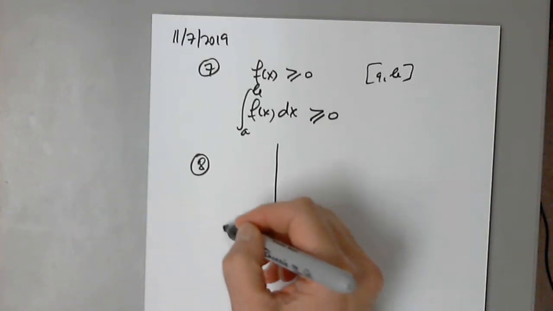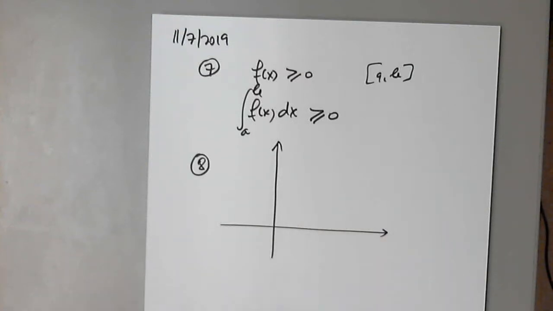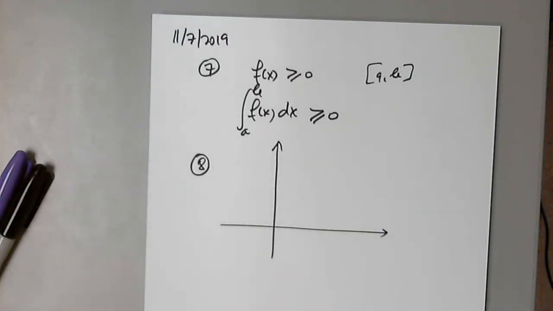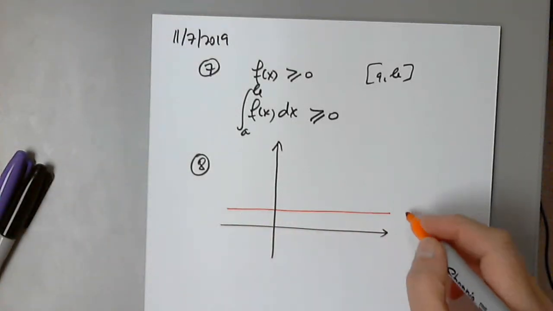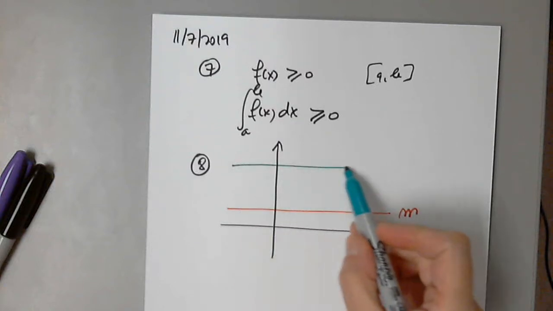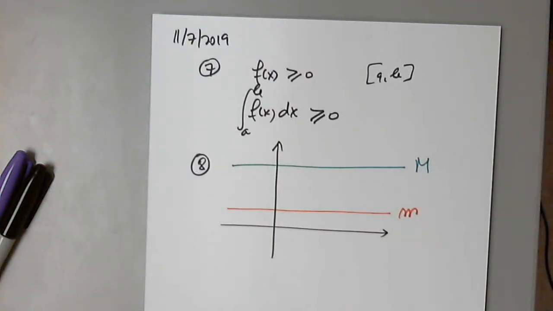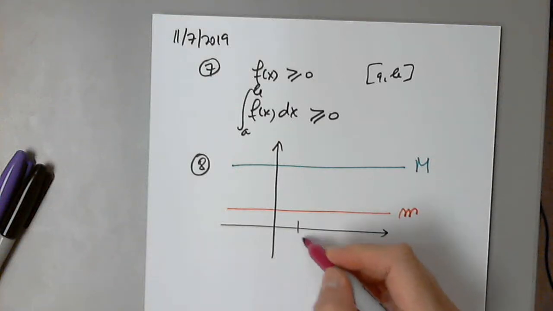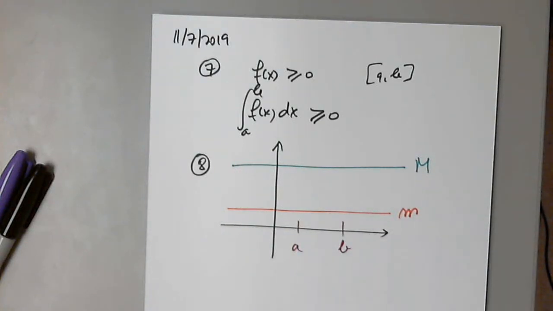Let's take a look at the following scenario. Let's say I have a number that is denoted by lowercase m. Let's say I have another number that is denoted by uppercase M. And let's say I have an interval, of course, a comma b.